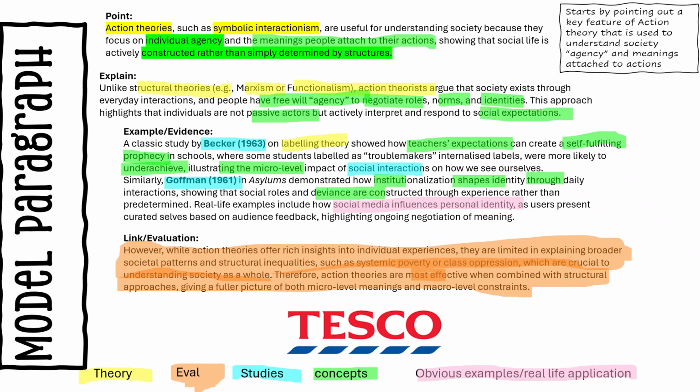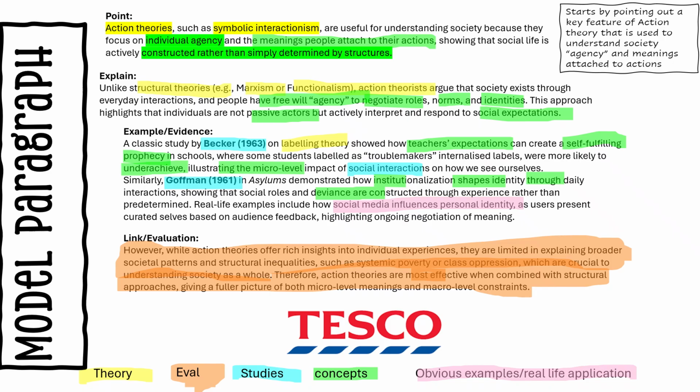Now, what I like about that is also the comparison to structural theories. There's a lot of analysis in there already. So I've got to explain what I mean by this. So unlike structural theories like Marxism, functionalism, action theory argues that society exists through everyday interactions. People negotiate roles, norms, identities.